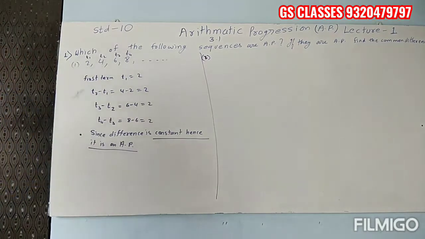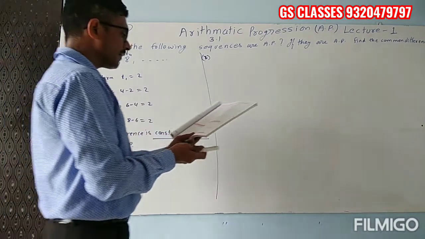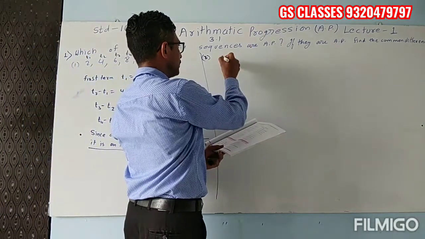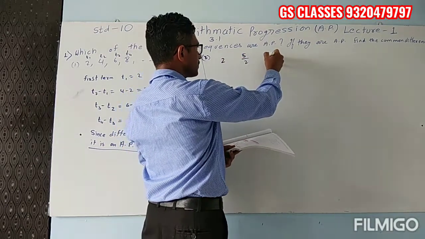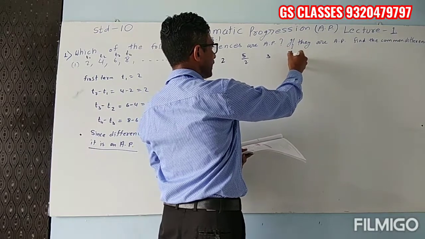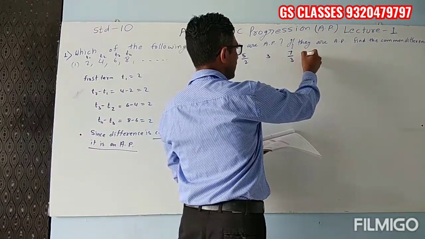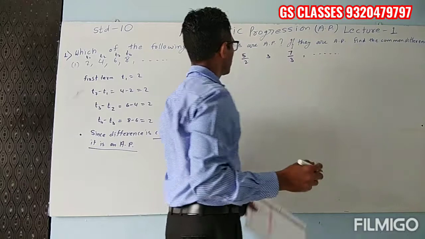In the second question, they have given us 2, 5 by 2, 3, 7 by 2 and so on.